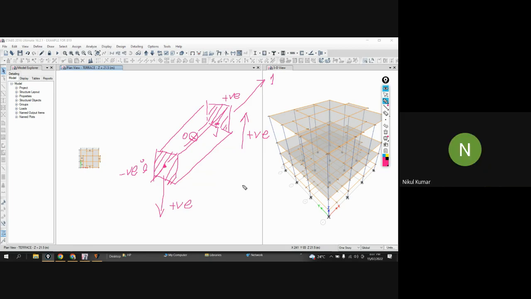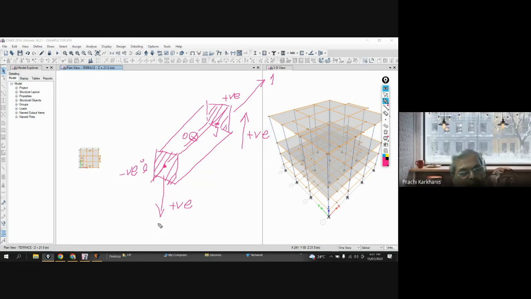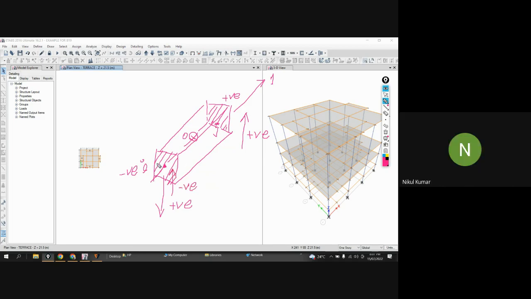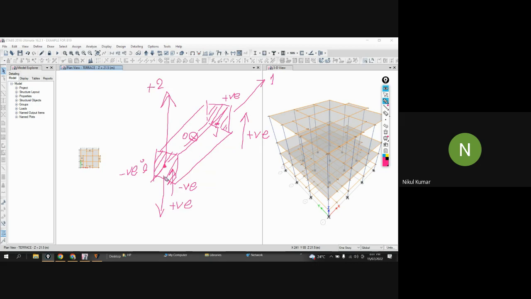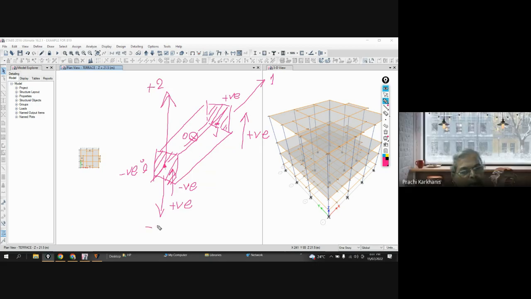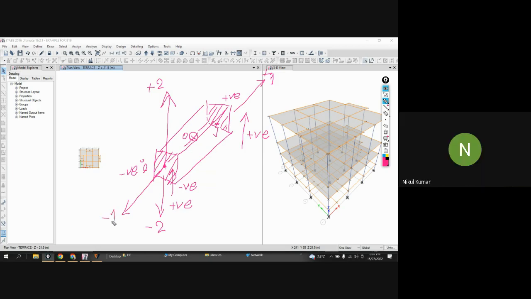Clear? Okay, sir. So that means if downward is positive, upward is negative, because it is on the negative phase. See, this is the positive 2 axis, so I will call it the positive 2 axis. That means this is the negative 2 axis. If this is the positive 1 axis, then I will call this the negative 1 axis.